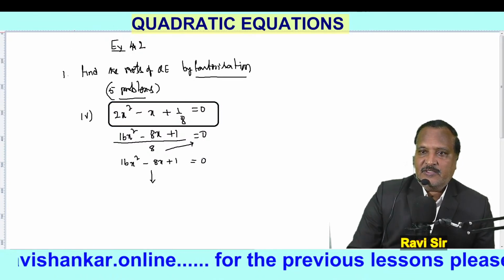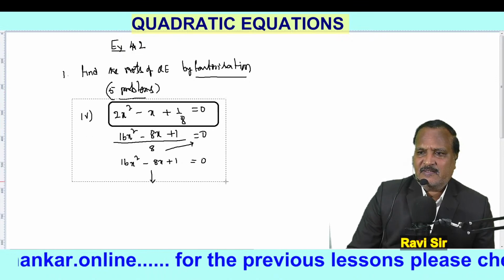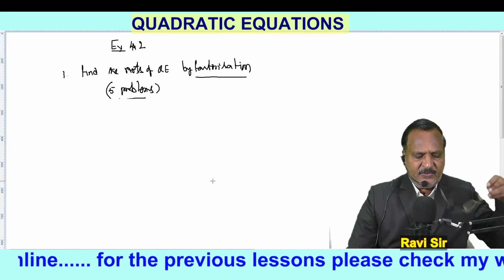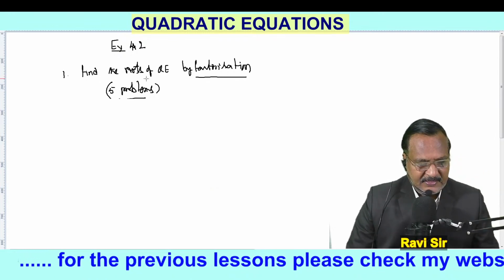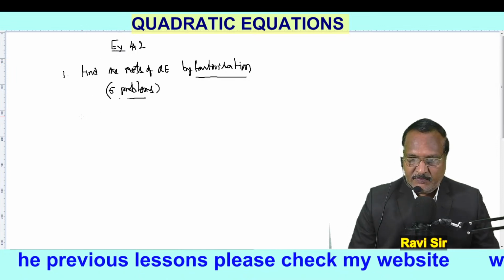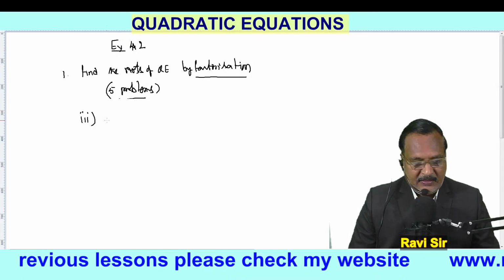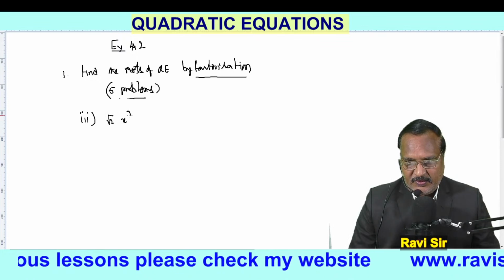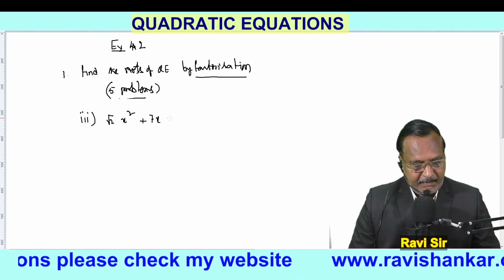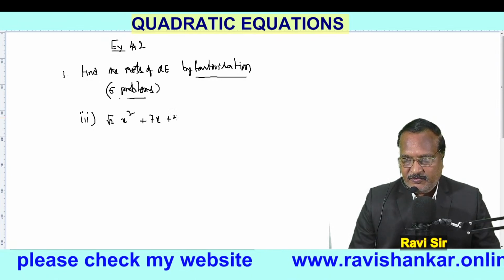Now let me give you a briefing on another question. Question number 3, bit number 3: root 2 x square plus 7x plus 5 root 2.